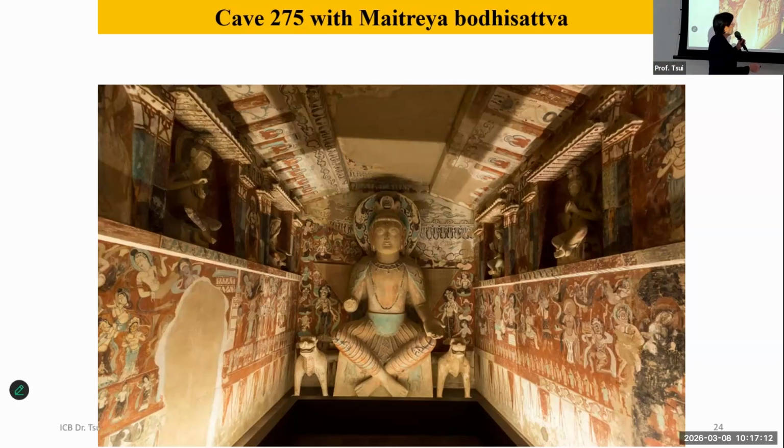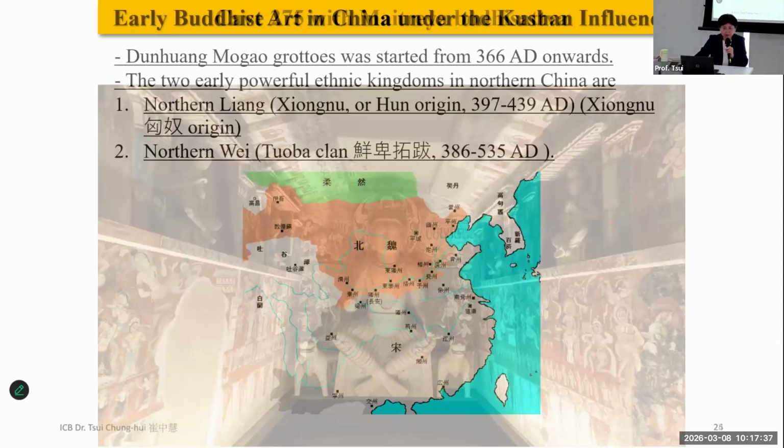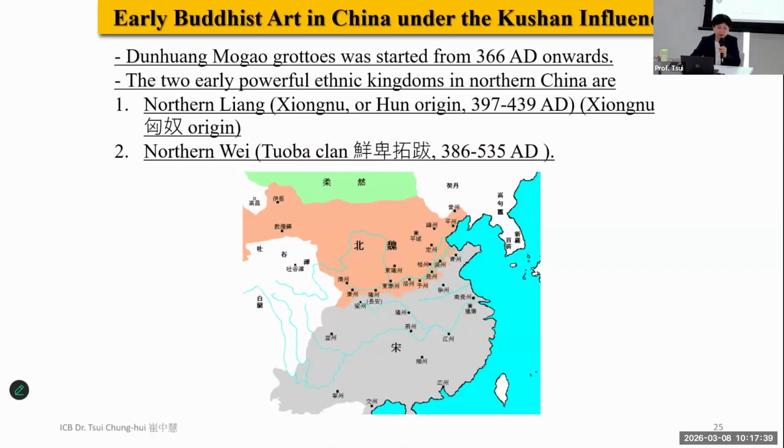So this is a very early cave designed to combine with the belief of Maitreya, with the depiction of the life story of the Buddha on the south wall, and also Jataka stories on the north wall. So there are different purposes for the designing of the subjects of the mural paintings.